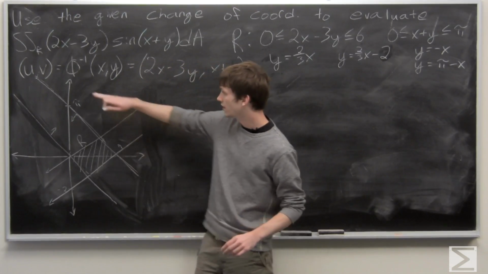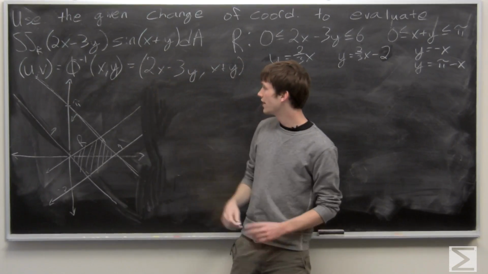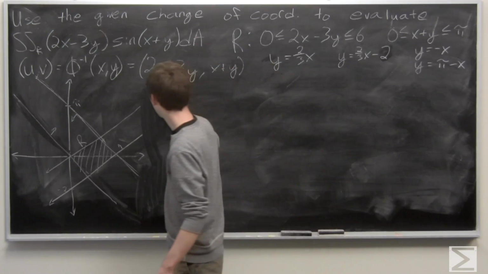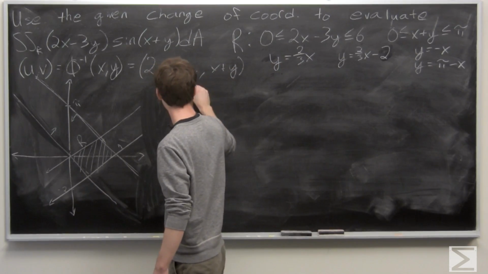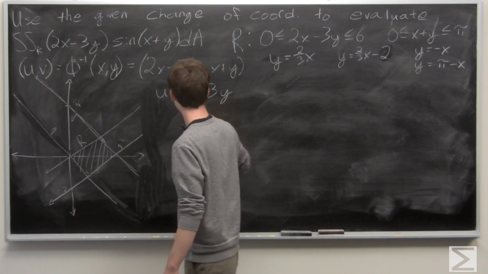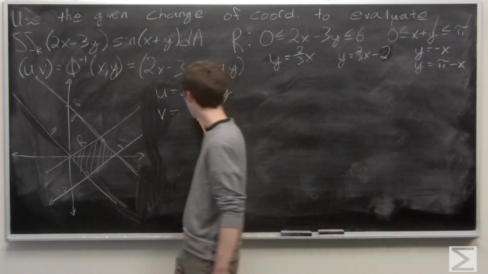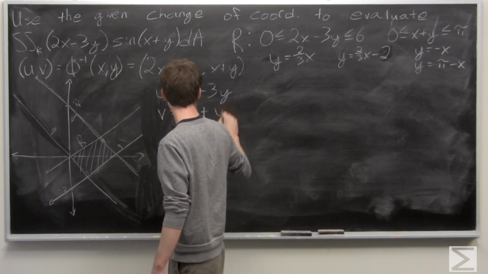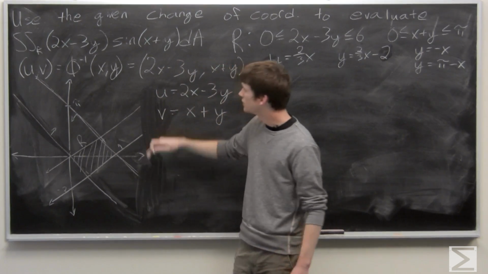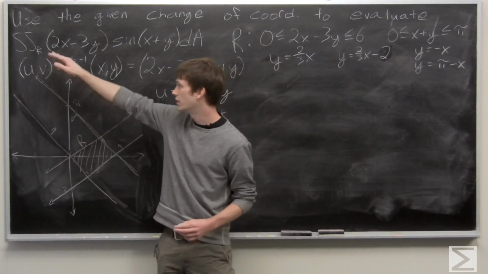We're given that u is equal to 2x minus 3y and v is equal to x plus y to evaluate our double integral.